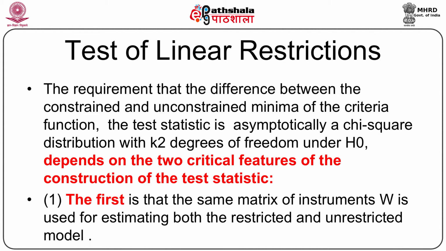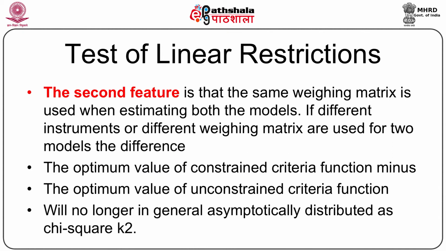The first is that the same weighting matrix W is used for estimating both the restricted and the unrestricted model. That is, you are using the same instrument matrix W while estimating both the restricted as well as the unrestricted version of the model. Now the second feature that is needed is the same weighting matrix is needed for estimating the model.